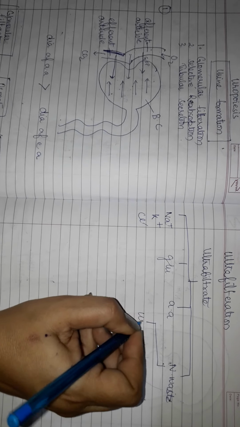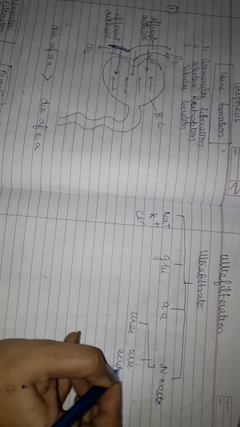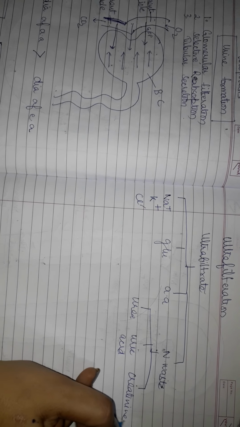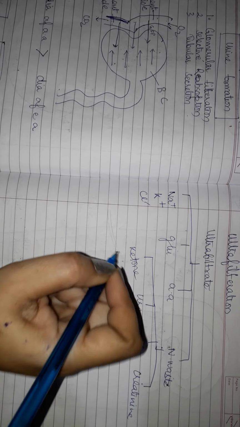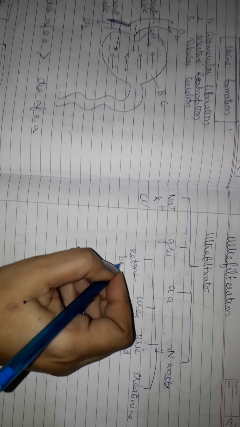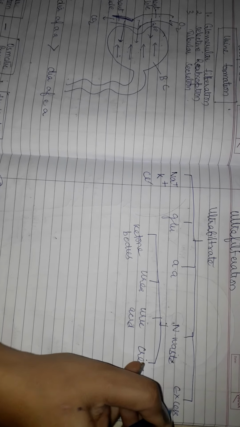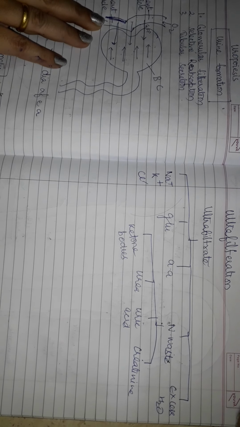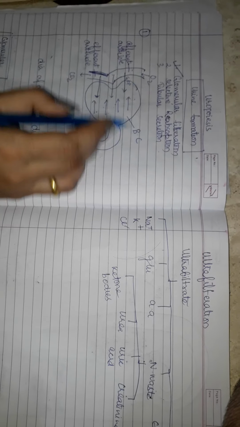They are urea, uric acid, and creatinine, ketone bodies, and there is excess of water, and the blood is left with the corpuscles and plasma proteins like albumin and globulin. This is the first step, glomerular filtration.